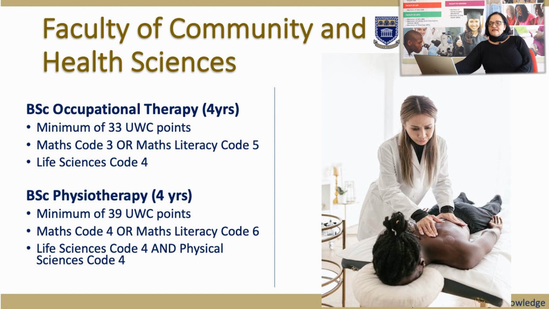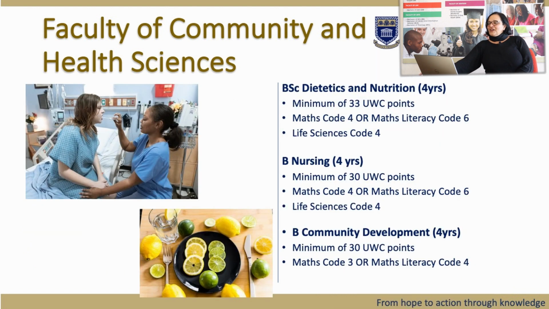That is besides these other admission requirements. Then you have your BSc Dietetics and Nutrition, your B Nursing, your B Community Development. The first two are also 4-year degrees, and besides your minimum point score, your maths or maths lit, you also need Life Sciences.